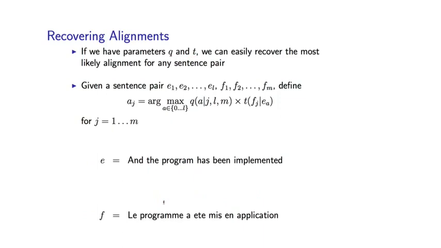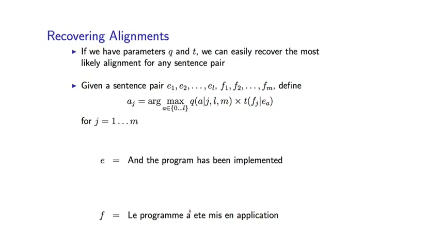The key definition is the following. Given a sentence pair e1 through eL, f1 through fm, then for each a_j, for j equals 1 to m, you simply find the alignment that maximizes the product of two terms. Firstly, q of a given j, l, m, and secondly, t of f_j given e_a. So you find the alignment that maximizes this product. Let me illustrate this with a particular example.